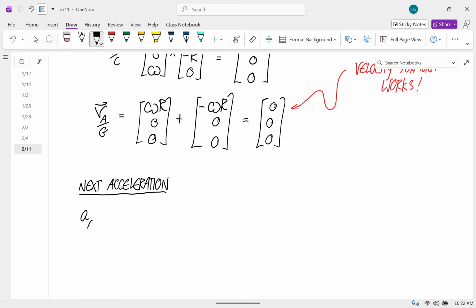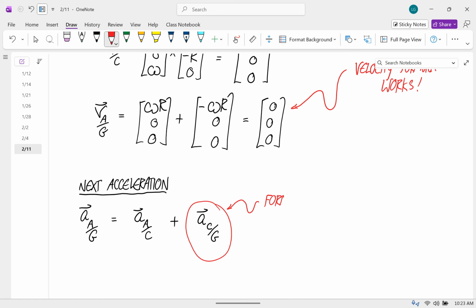The acceleration of A relative to the ground is equal to the acceleration of A relative to the center plus the acceleration of the center relative to the ground. This is the formula. This is circular motion.